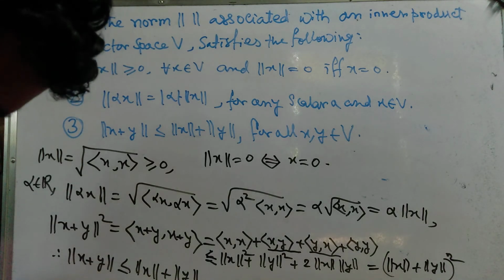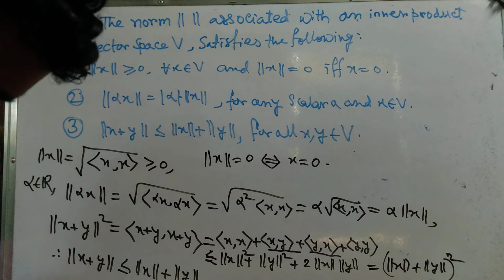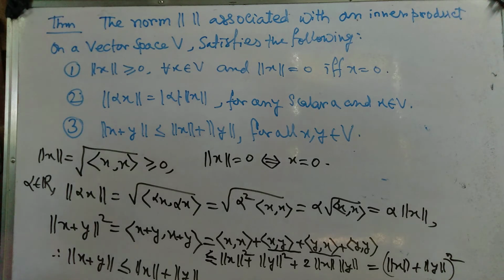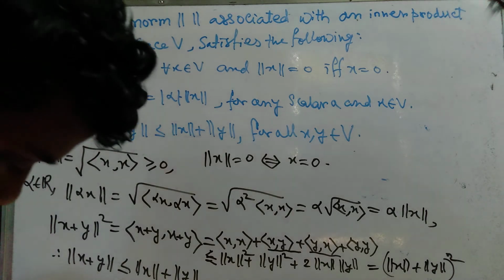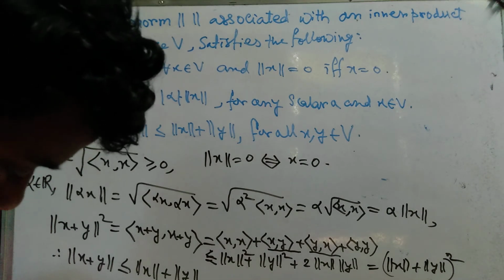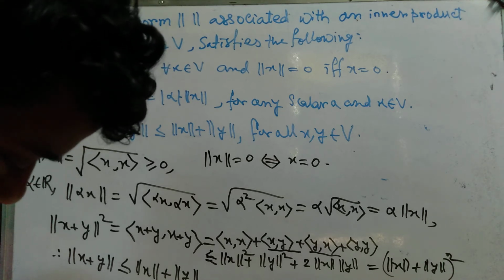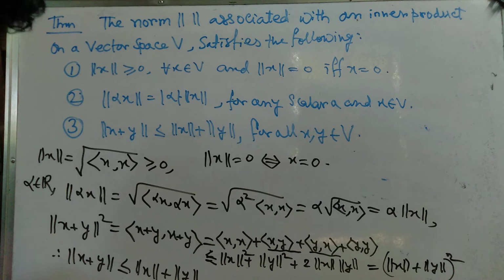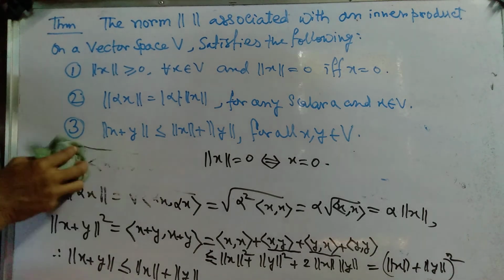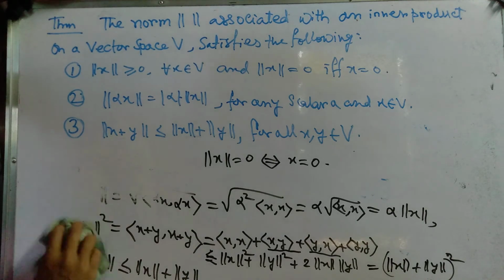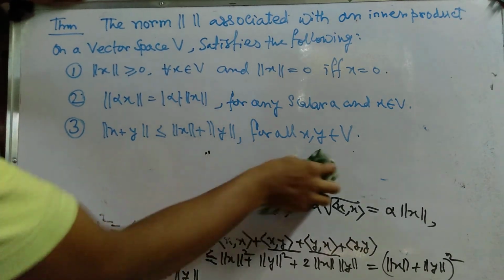Now today I think we stop here. If these three properties are satisfied by any function on a vector space, that function is a norm on this vector space. We write it now.